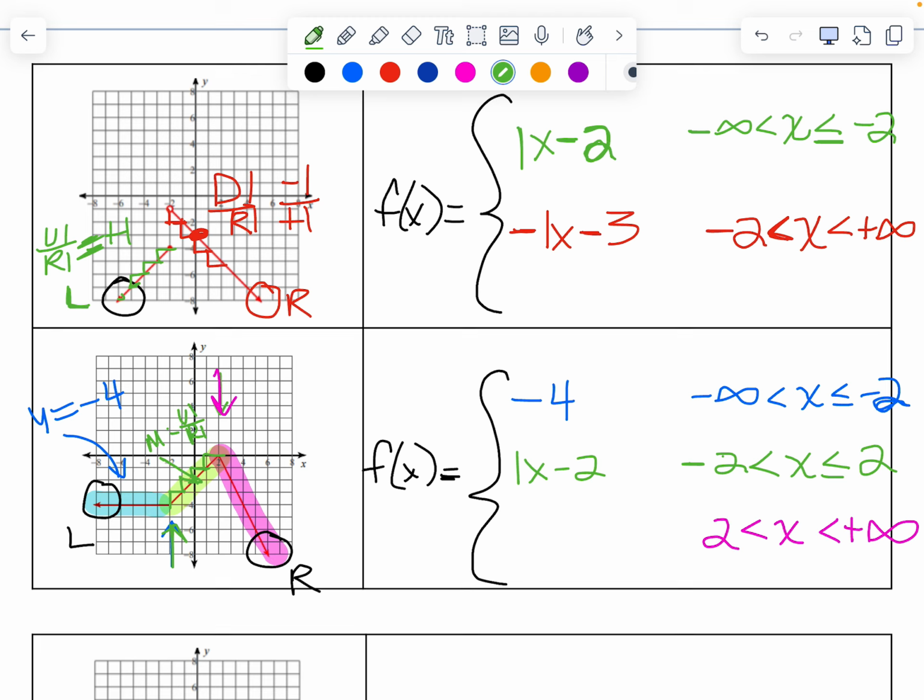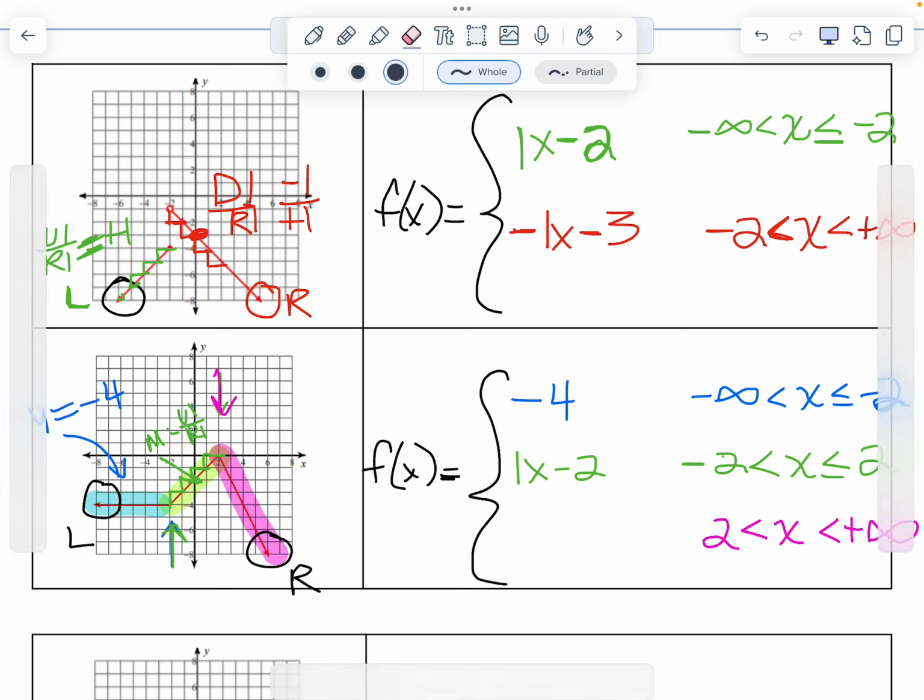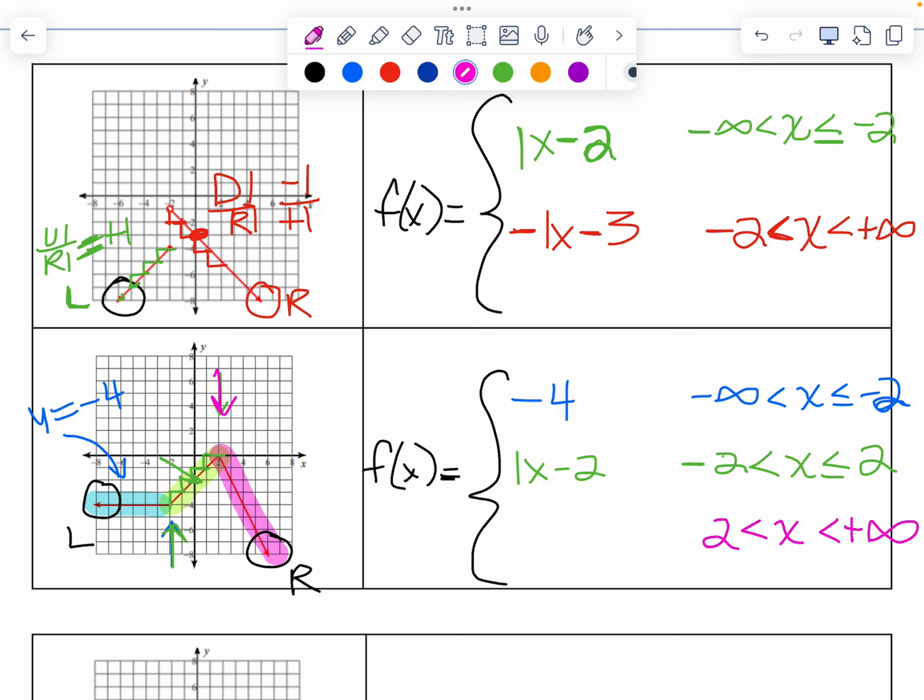The final thing is the decreasing part of this scenario. Again, count out the slope: down 2, right 1, down 2, right 1, down 2, right 1. So we're going down 2, right 1, which ends up being a slope of -2, which we knew, of course, because it was a decreasing interval.